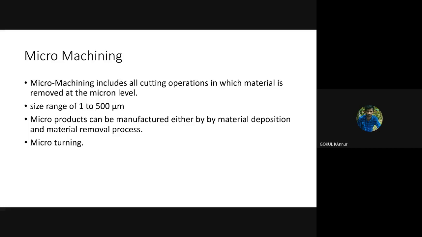So these micro products, whichever micro products are available, are developed or manufactured by either of two processes, whether it is a material removal process or a material deposition process. Okay. So these are mainly about micro machining, and also we can see micro turning.